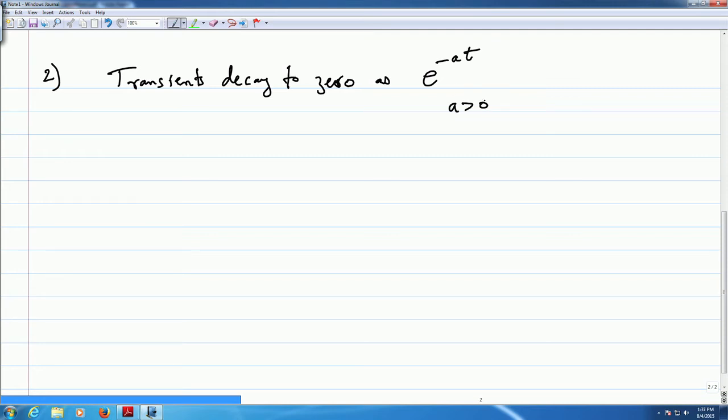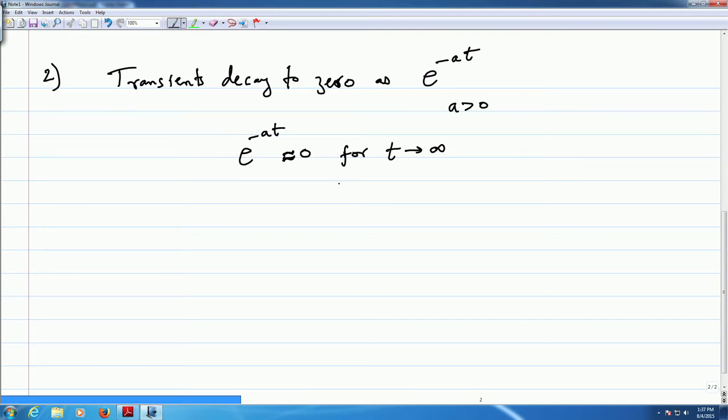So when will e power minus at be equal to 0? E power minus at is equal to 0 for actually no value of t, and it becomes equal to 0 only when t tends to infinity. Okay. So this is a rough way of writing what I want to say. So, I am saying e power minus at is approximately 0 for t tending to infinity.